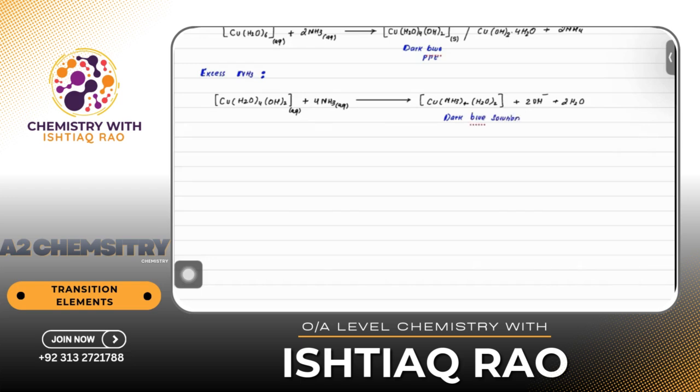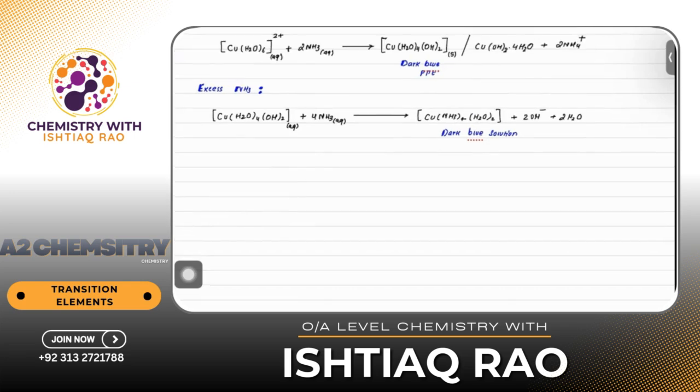And it was a dark blue precipitate. So the precipitate is getting dissolved. Okay, so that's all about the chemistry of copper 2 plus.